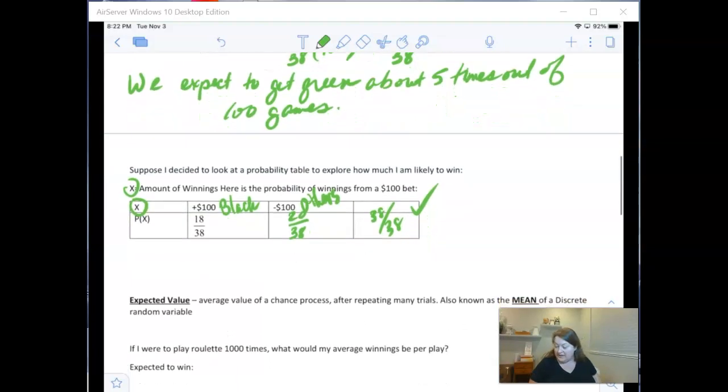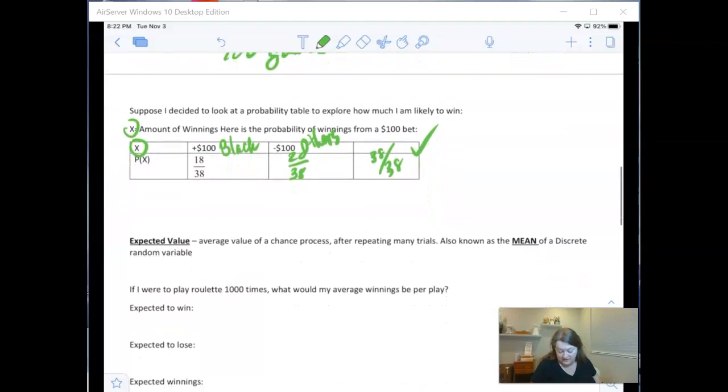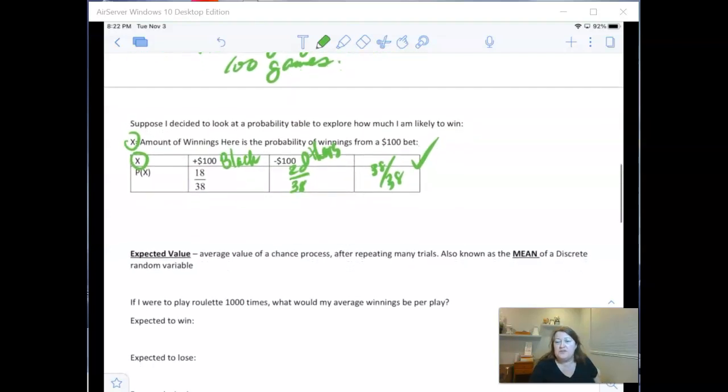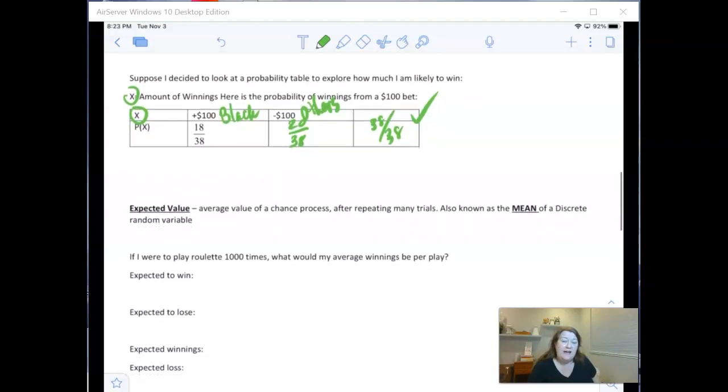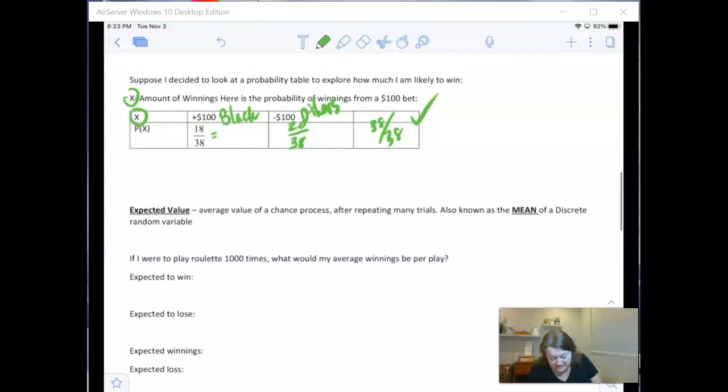Okay, so we're going to go and try to calculate the average, the expected value. Okay, so expected value is just your average. It's another way to say mean of a random variable. So if I wanted to go and find the average for this, the expected value, I would take these and turn them into decimals.